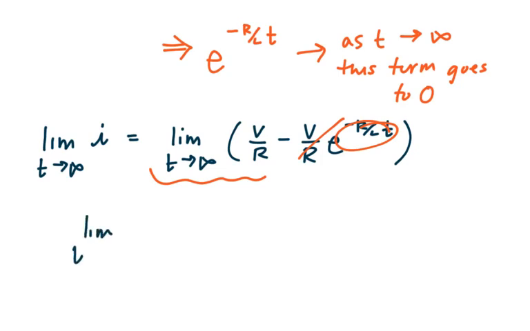So the limit as t goes to infinity of I is essentially just going to equal V over R. And what we can say is that at any given time, the current is going to be theoretically less than V over R, that value. But as time passes, that current starts to approach a steady state value. It approaches it but never reaches it. And that steady state value is this V over R that we're looking at here.